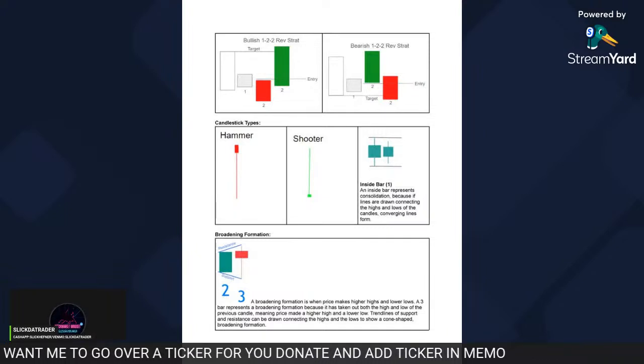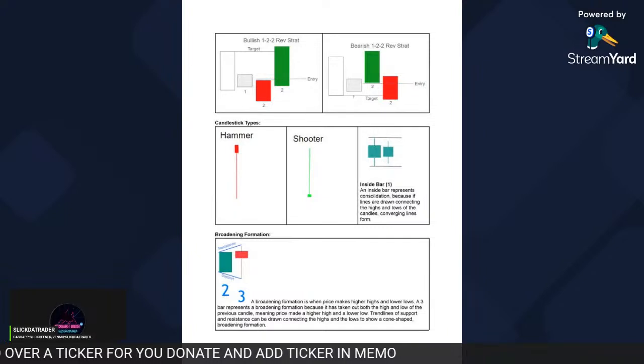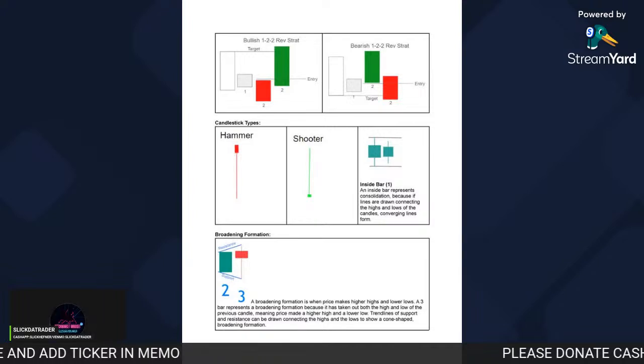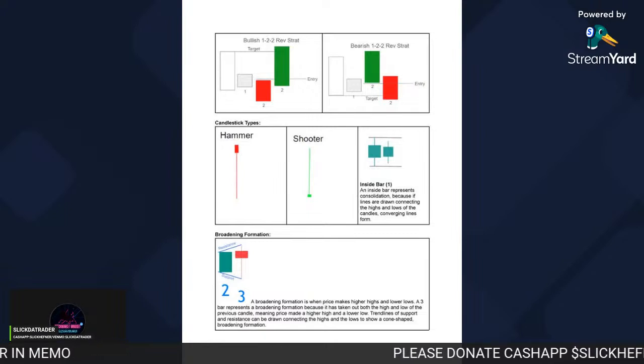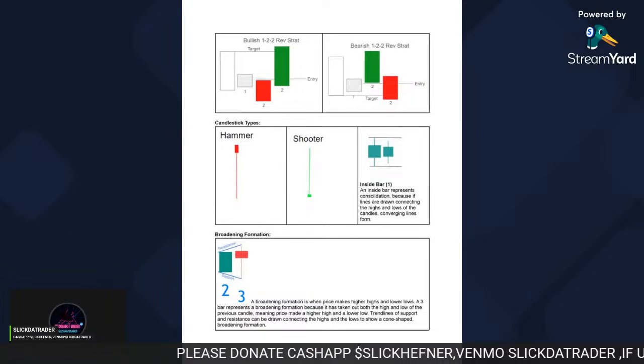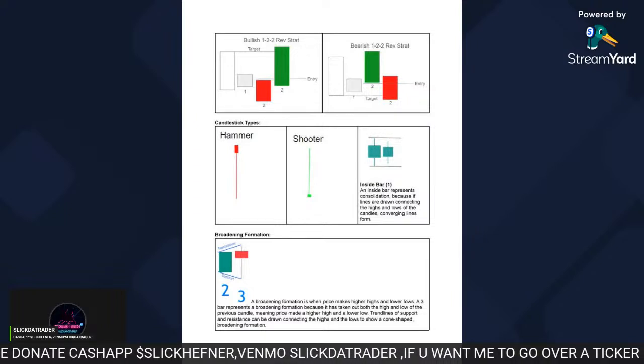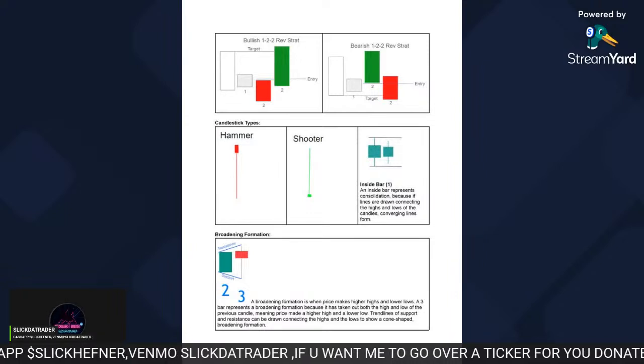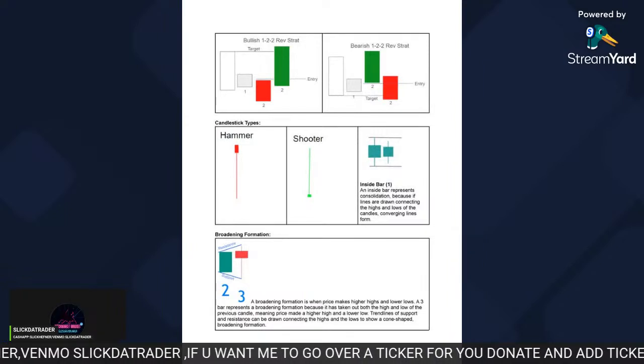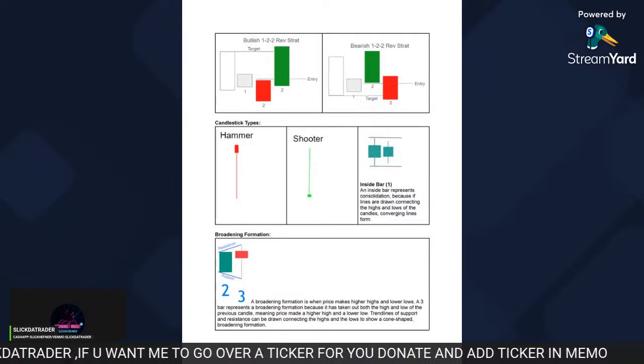Those are actionable candles: the hammer, shooter, and inside candle. Basically these are actionable signals. Inside candles are basically consolidation. Buyers and sellers have agreed on price, chopping around, and basically we're just waiting to see if it breaks out.